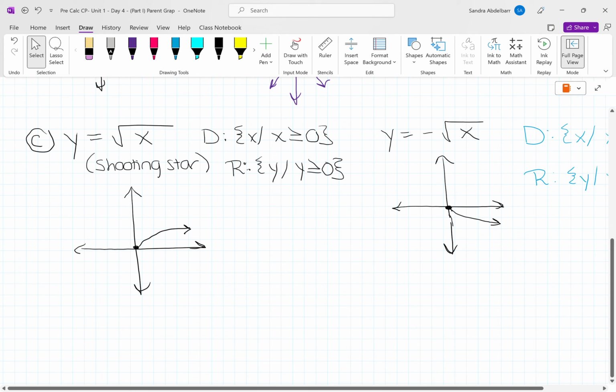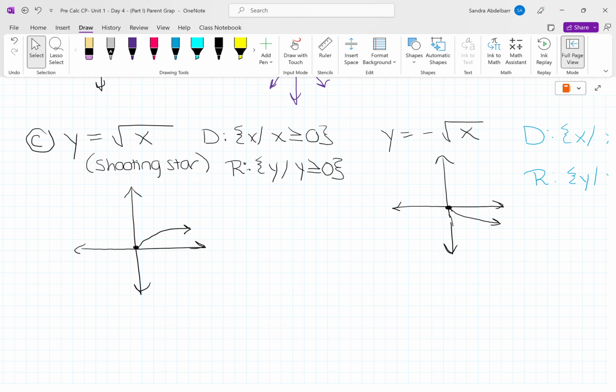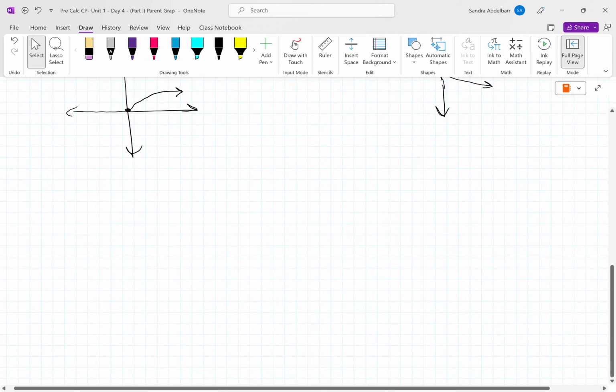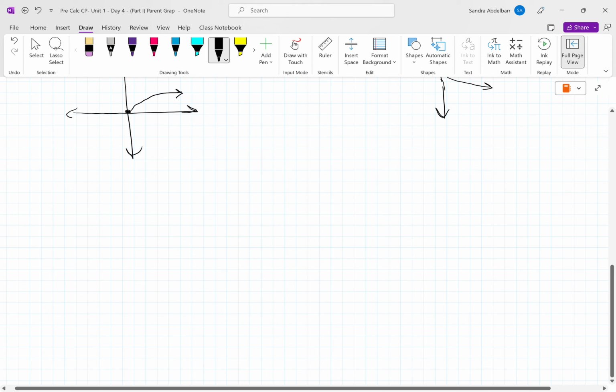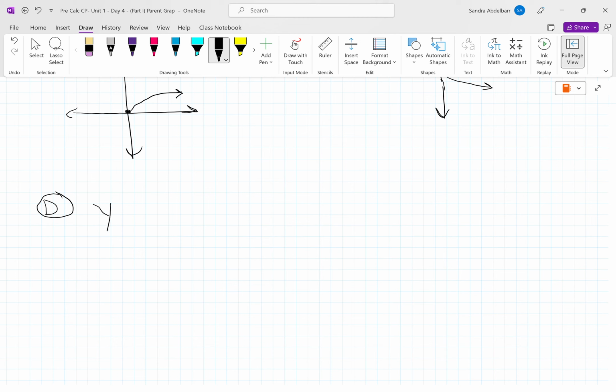All right, so that was 3. We have the parabola, we have the absolute value, we have the shooting star. The very last one is what I call the disco dancer. Y equals x cubed. I'm so bad at drawing the disco dancers. So it sort of like comes and then turns and goes up, but it should be turning at 0, 0.